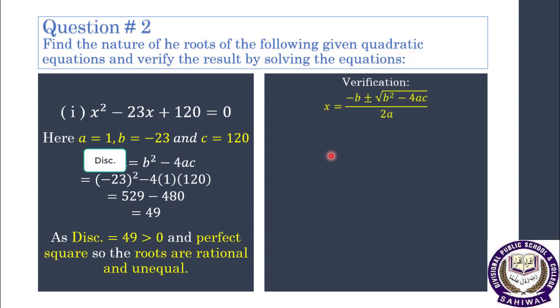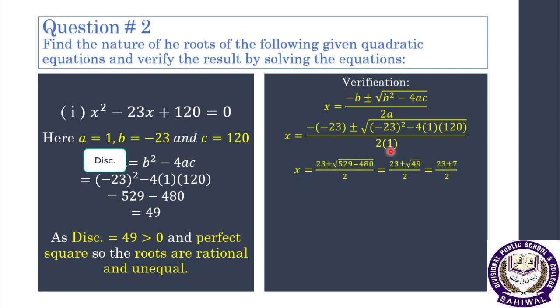Considering the quadratic formula, x is equal to minus b plus minus square root of b square minus 4ac over 2a. Putting the values of a, b and c, we get minus times minus 23 plus minus square root of minus 23 square minus 4 times 1 times 120 over 2 times 1.